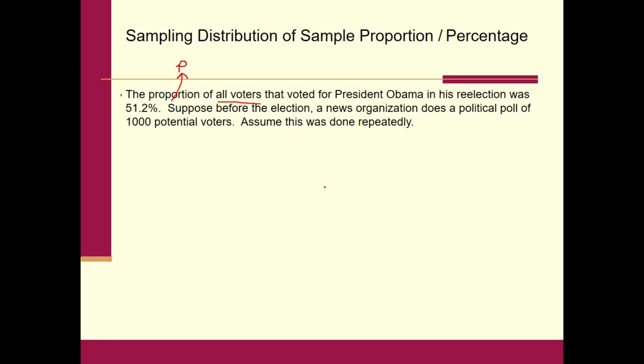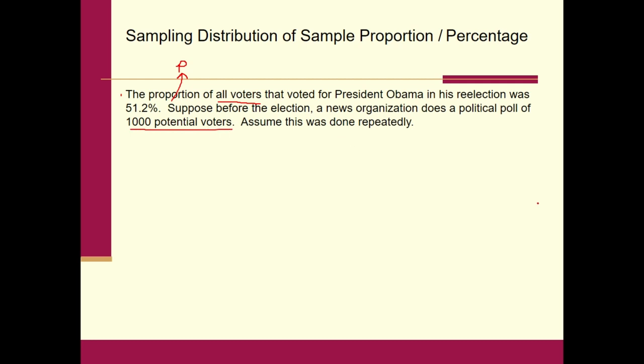Now what do we always do before the election? We're always doing these political polls, getting a gauge of who people are going to vote for. These news organizations do this, and we see it on the news and social media and the internet, right? So suppose before the election, a news organization does a political poll of 1,000 potential voters, and that's pretty much what a news organization will do.